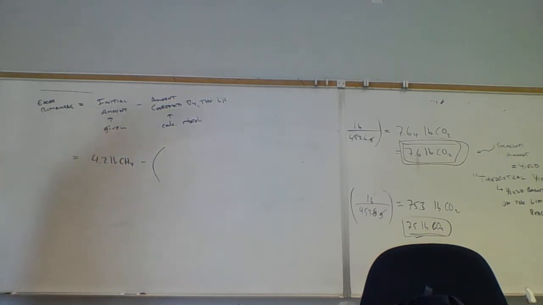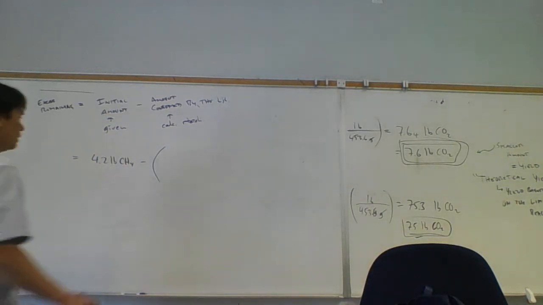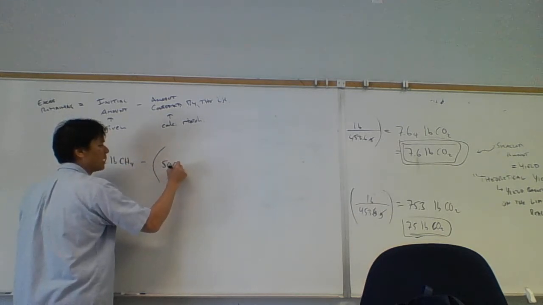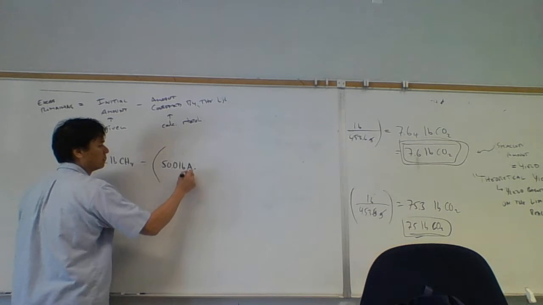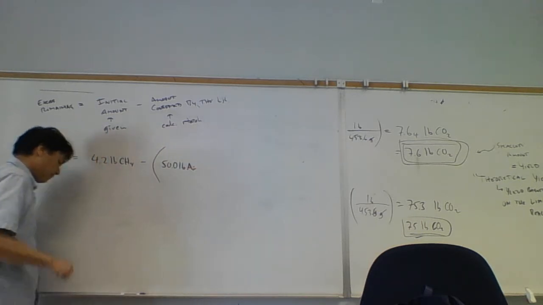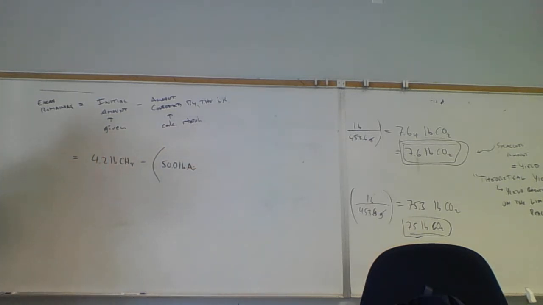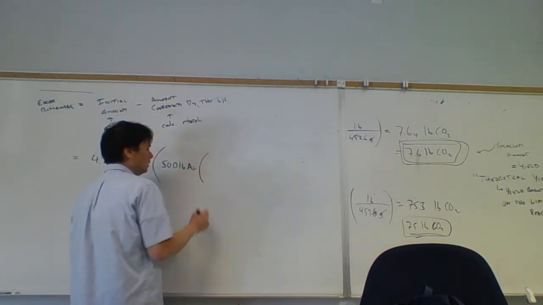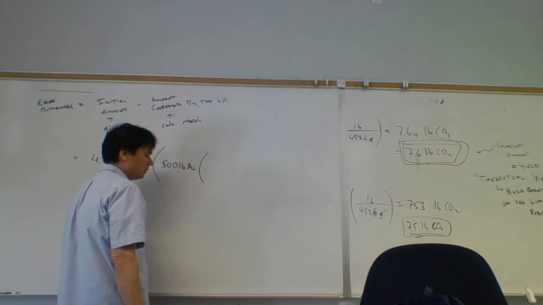Now this one we're going to have some unused portion of this. And how much unused portion depends on how much methane 50.0 pounds of air requires to react with. And so we have 50.0 pounds of air, and then we're going to figure out how much methane we need for this.